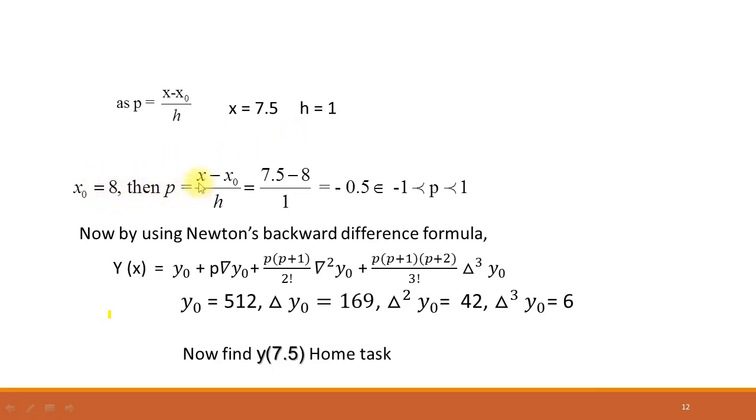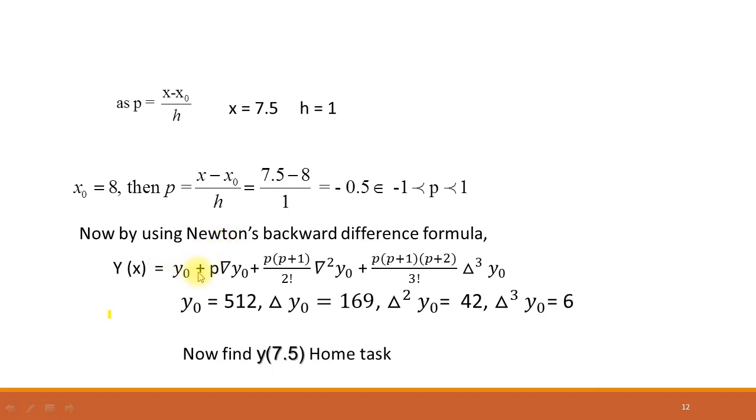Then the value of p will be x minus x naught divided by h, 7.5 minus 8 divided by 1, which is equal to minus 0.5. So this value of p lies in the range minus 1 and 1.